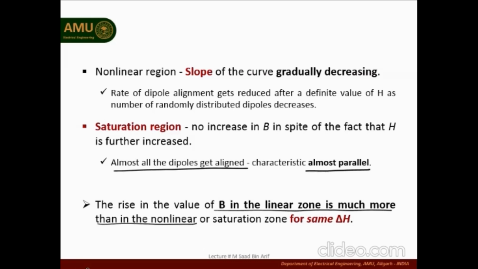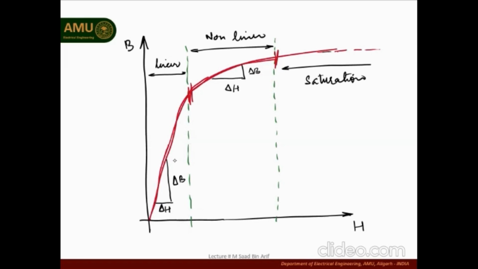This can be ascertained from the BH curve by noting that the change in H, that is delta H, in the linear region is very small, whereas corresponding to this small change we have a large change in B. Whereas in the non-linear region you will find that this change is now more, and in the saturation region it is larger still.